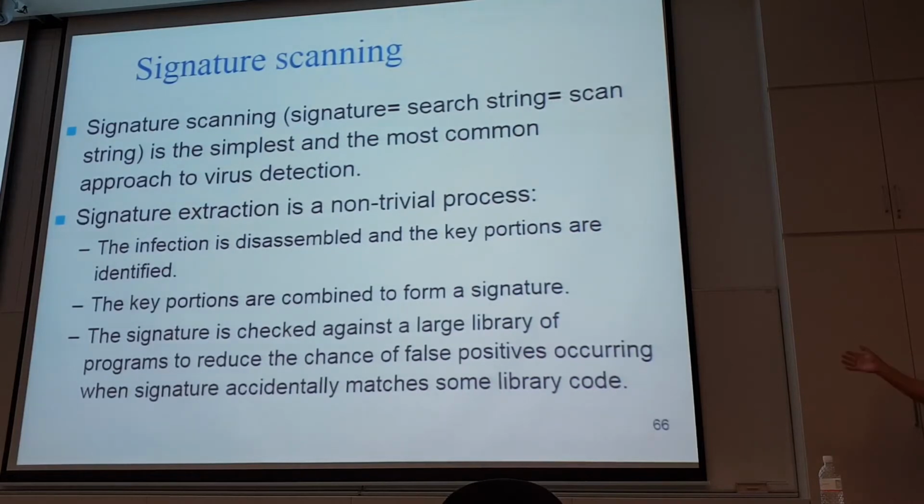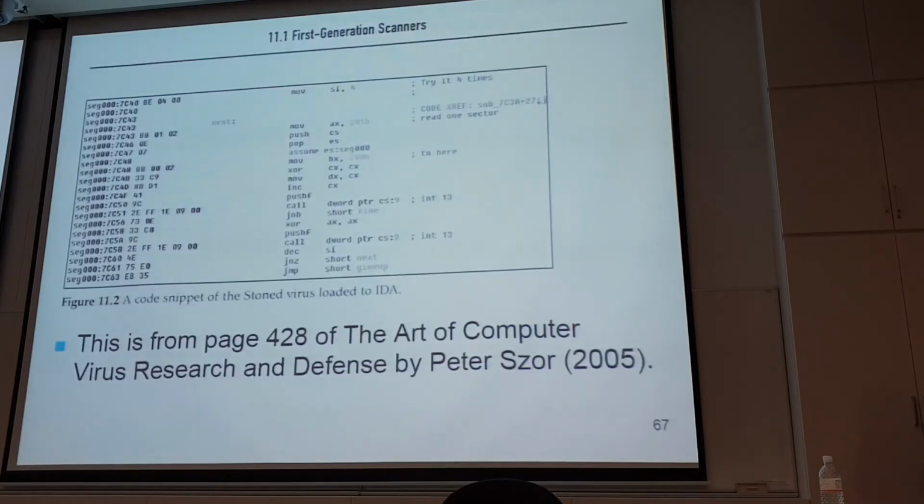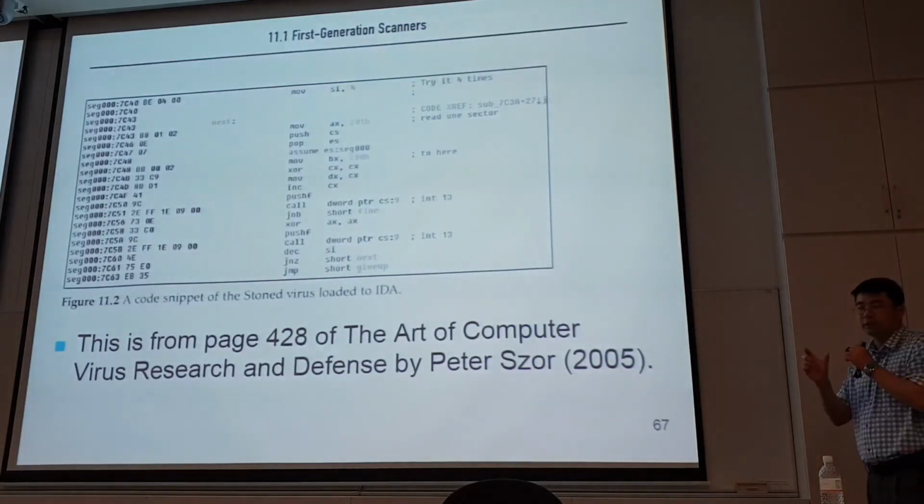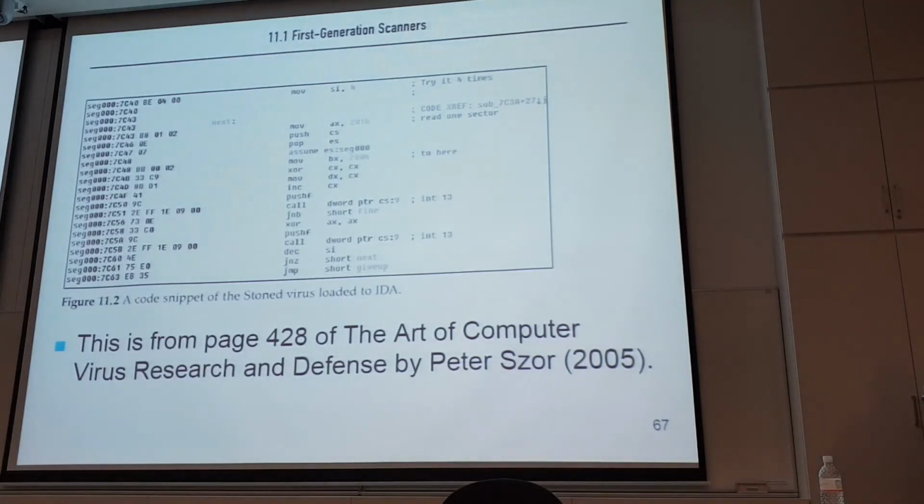Signature scanning is what we use in antivirus software. We scan the signature. But as I said, if we just scan the pattern, it may not really work. This is basically an example of the first generation scanner. It will just extract the machine code from the virus, and the machine code becomes a signature.